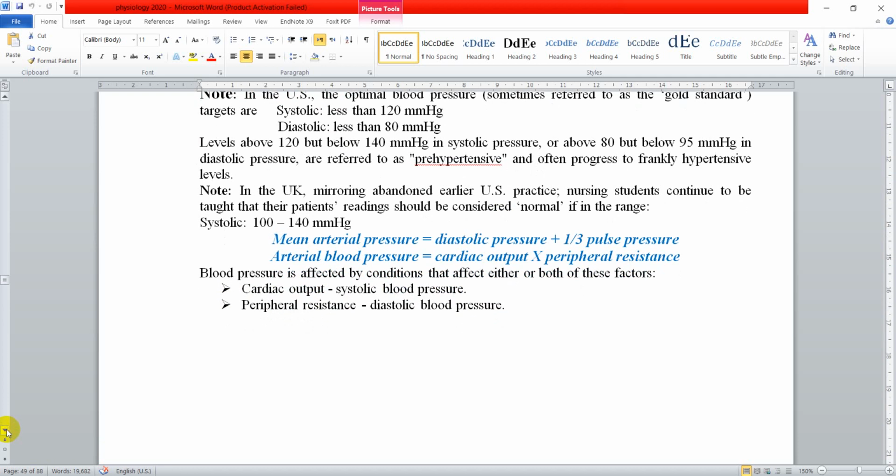Cardiac output مثل السيستول البريشر applied against the artery of body while peripheral مثل resistance of the wall of arteries against the pressure of blood. واضح؟ مثل عندي contraction راح يصير عندي pressure وين يسلط على ال wall of the arteries. بالمقابل أنا عندي resistance of the arterial wall against this pressure. The two factors can affect the result of blood pressure.